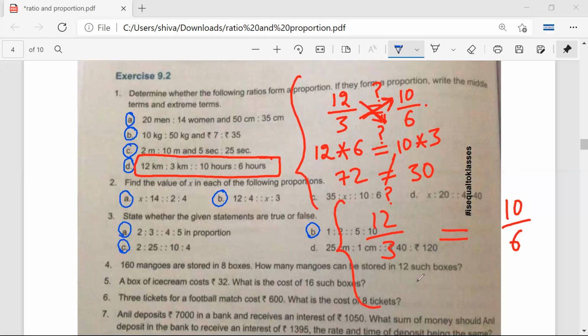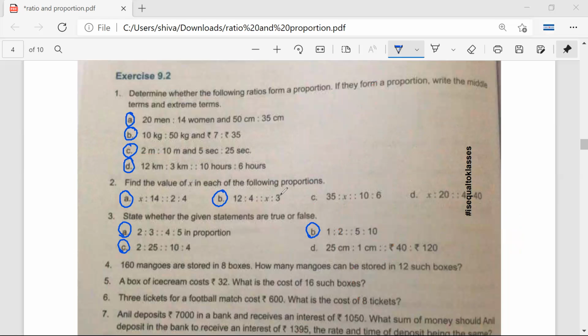Any doubt? Mr. Sarthak, any doubt? Mr. Satya, any doubt? No, sir. The good thing about the second method that Sarthak is suggesting here is, for example, we have to do a question like this.